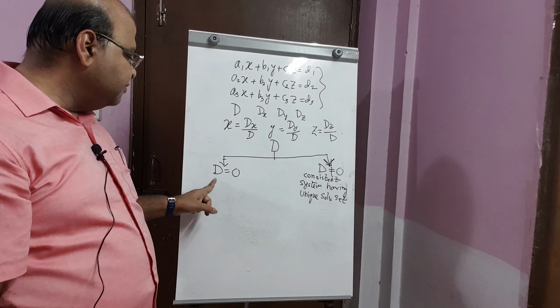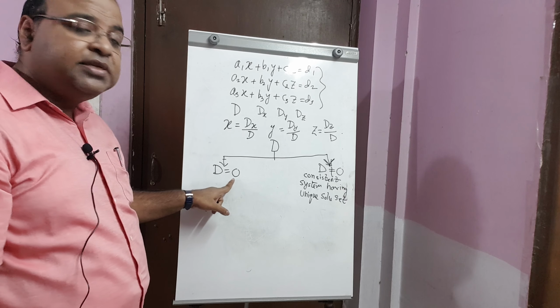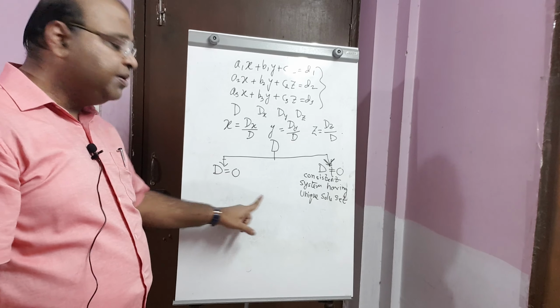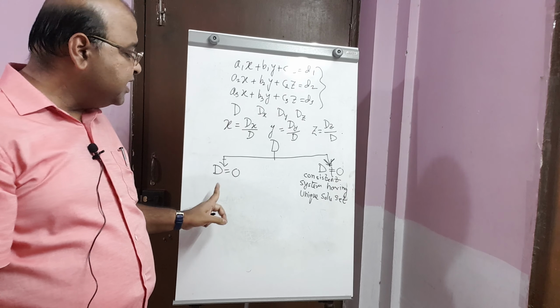Now what if D becomes 0? On the other hand, if the coefficient determinant becomes 0, then two cases are possible. The system may be consistent or it may be inconsistent.